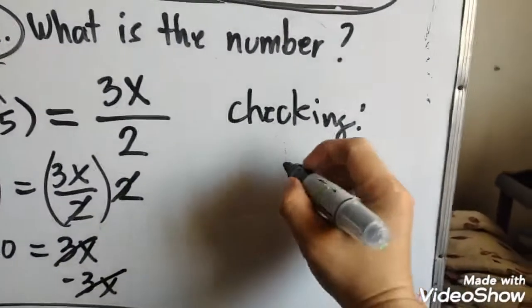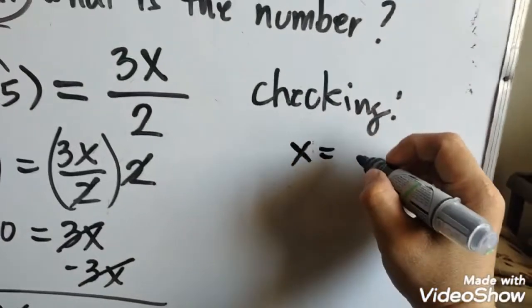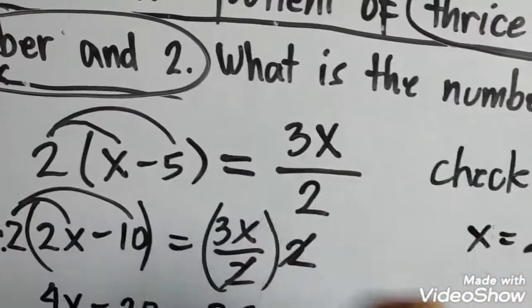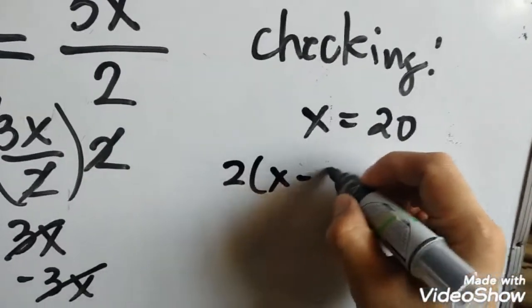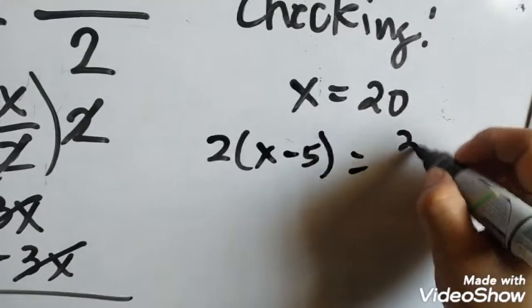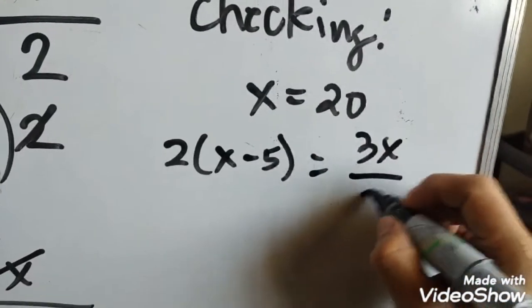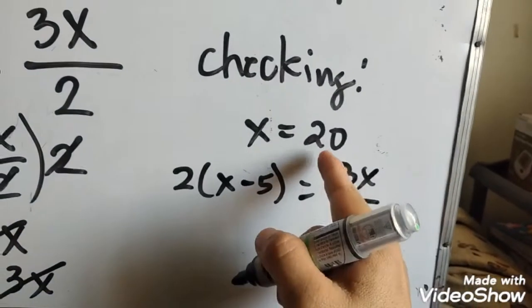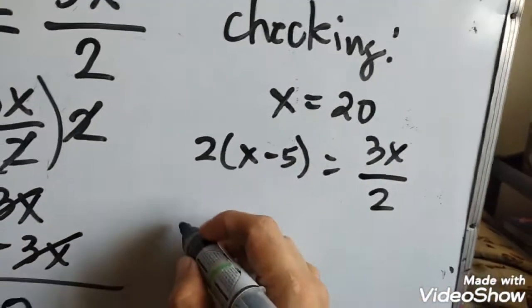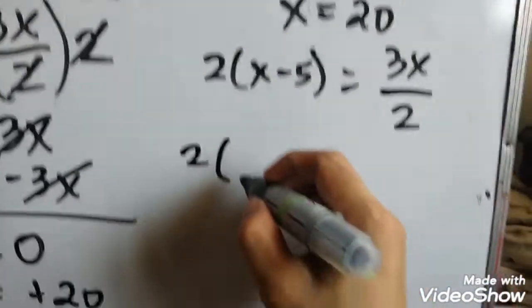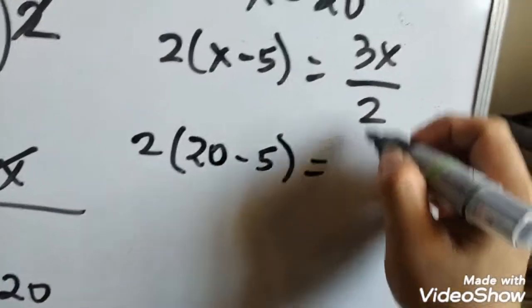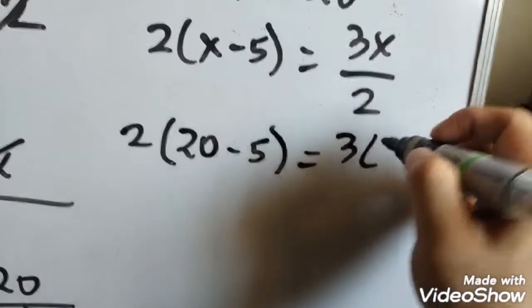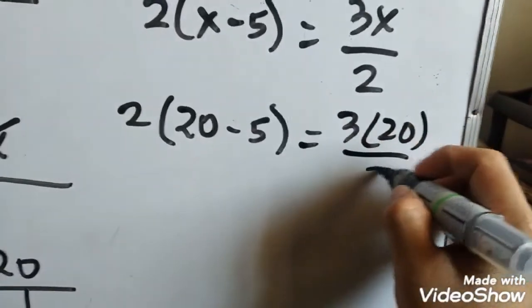To check your answer, we substitute x equals 20 into our given equation, which is 2 times x minus 5 is equal to 3x all over 2. So 2 times 20 minus 5 is equal to 3 times 20 all over 2.